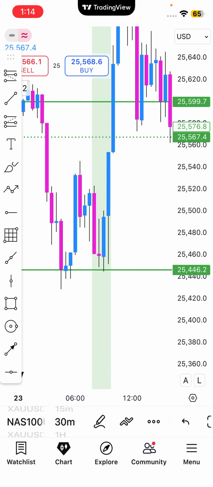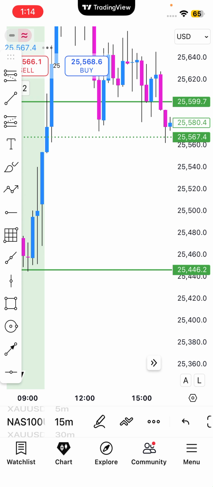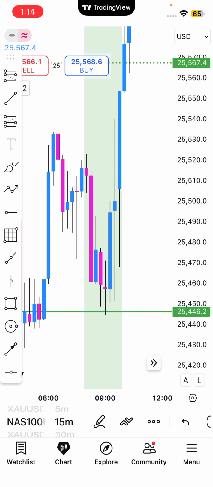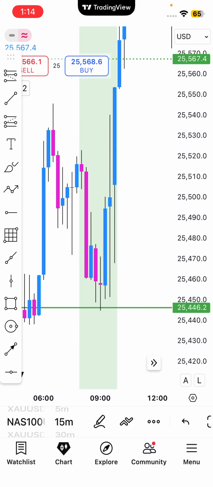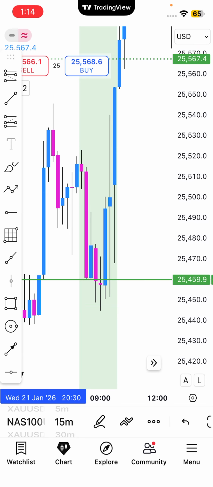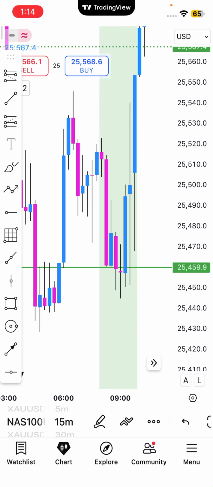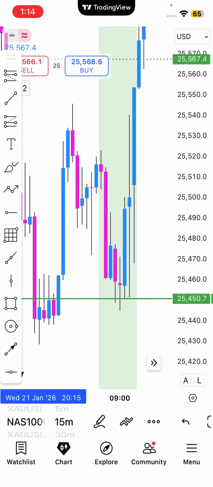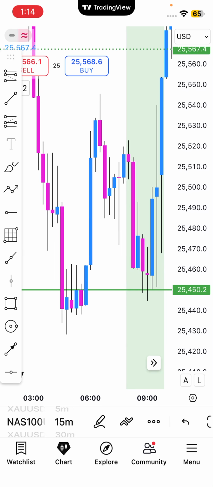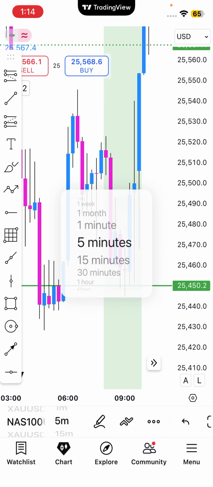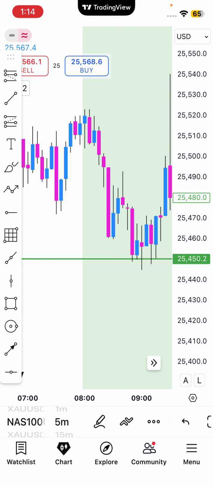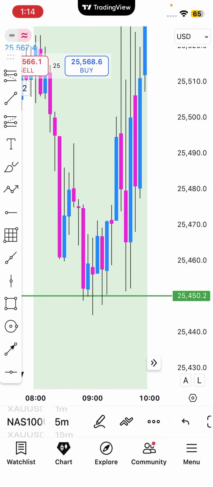I don't see anything on the 30. Drop down to the 15. I noticed that price created this level here, and they had a rally-based rally here, which was a breakout. But sometimes you can go down to 5 minute if it's not super obvious.